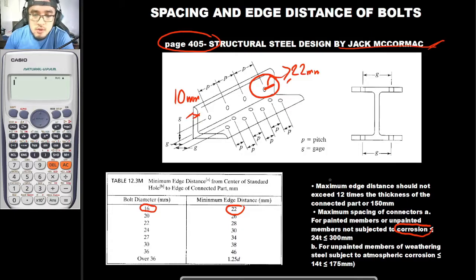The maximum spacing is from this center right here up until this center, so it is not the edge distance. And for unpainted members of weathering steel still subject to atmospheric corrosion, that is to be less than or equal to 14 times thickness or less than or equal to 175, whichever is smaller.